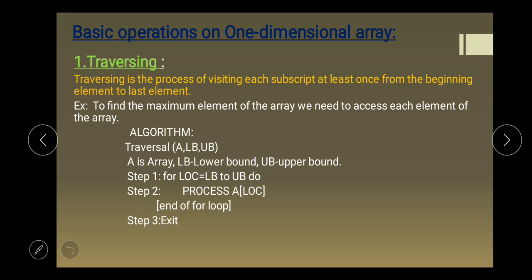Okay. Traversing our process from lower bound to upper bound until we get our maximum element. Then when we find our location, end for the loop, exit. This is an algorithm for finding the maximum element in the given array.